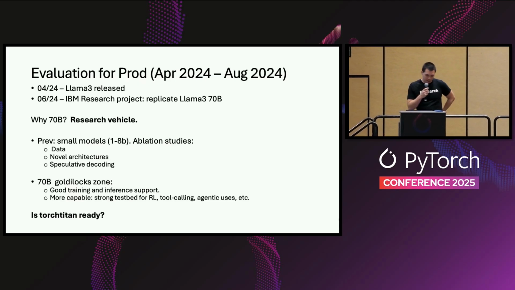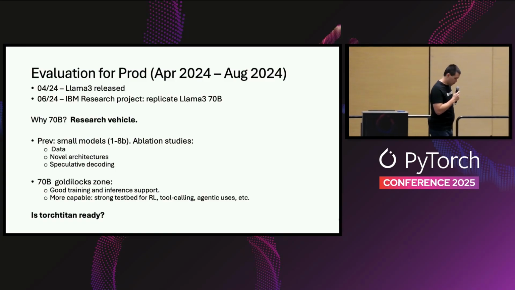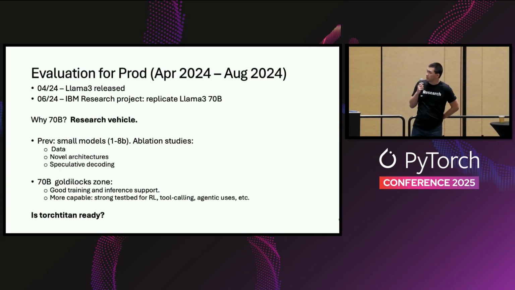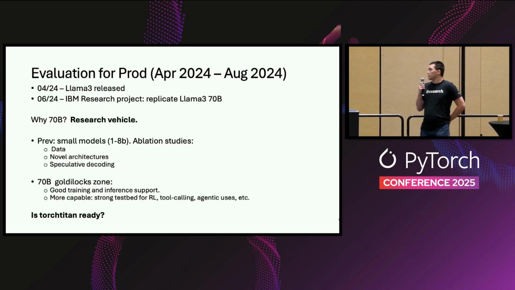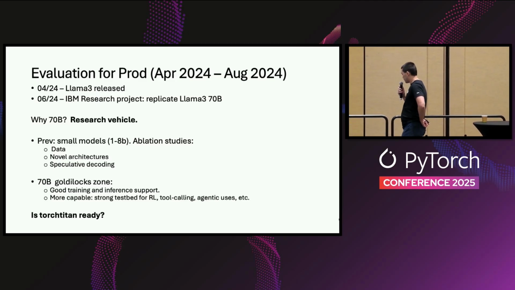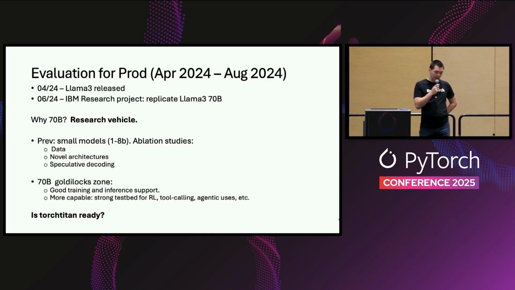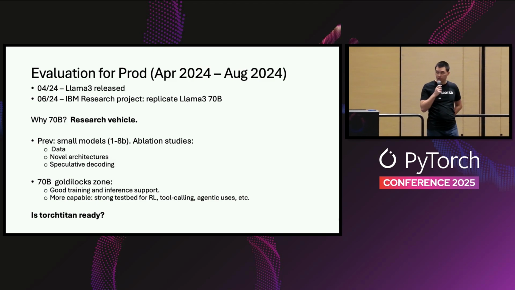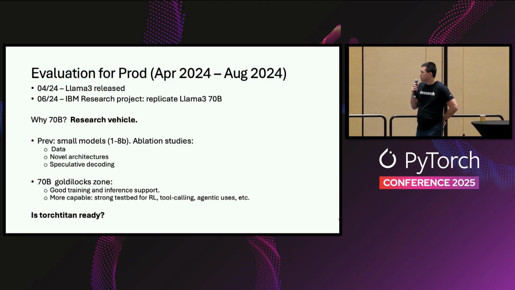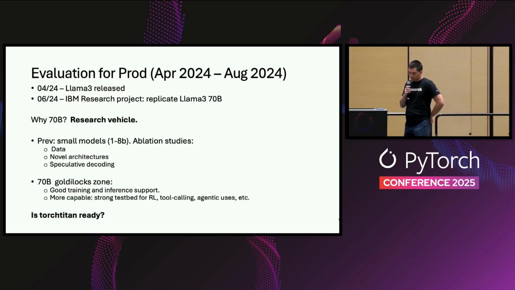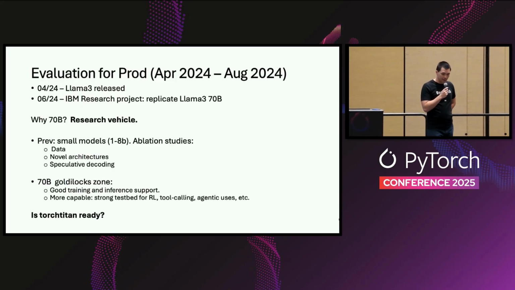So in April of 2024, this is when, feels like forever ago now, but this is when LLaMA 3 was released. And internally at IBM Research, we started a project to replicate the full LLaMA 3 70B training run. Why 70B? It's been used, it continues to be used as a research vehicle at IBM Research.